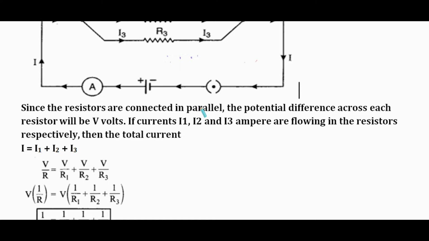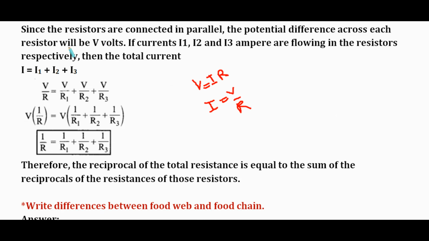Since the resistors are connected in parallel, the potential difference across each resistor will be V volts. If currents I1, I2, I3 ampere are flowing in the resistors respectively, then the total current is, you write 1, 2, 3 in the subscript, I equal to I1 plus I2 plus I3.